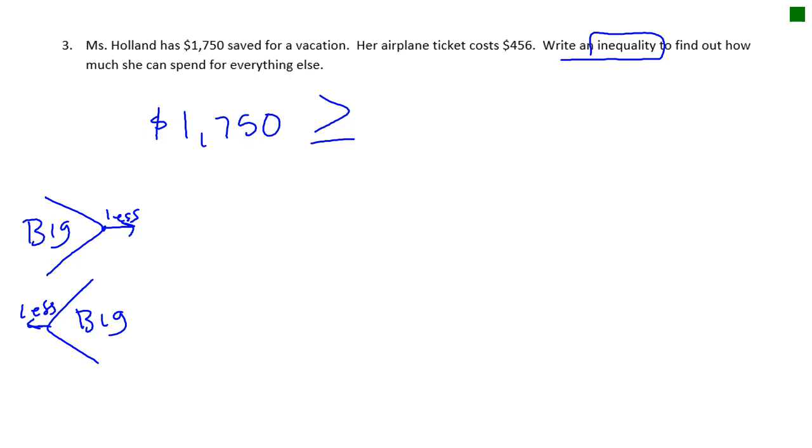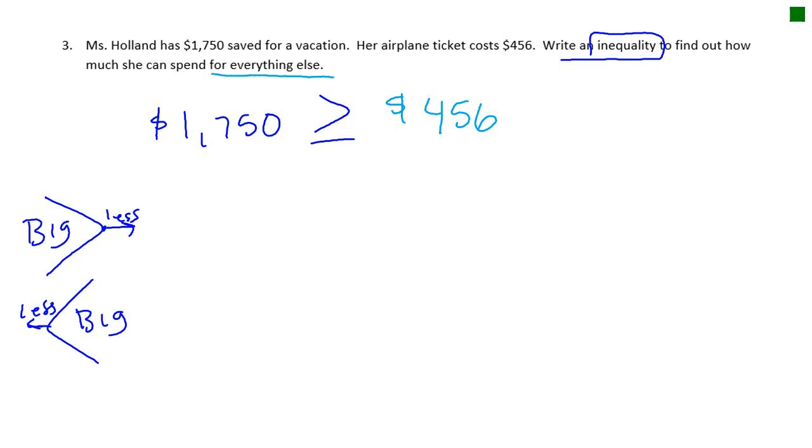On the other side again is how much you're going to be spending. Well, how much is the airplane ticket? The plane ticket is $456. That's how much you're going to spend on the plane. And they told you to write an inequality to find out how much you can spend for everything else. Do you know what else you're going to be spending on? You don't.